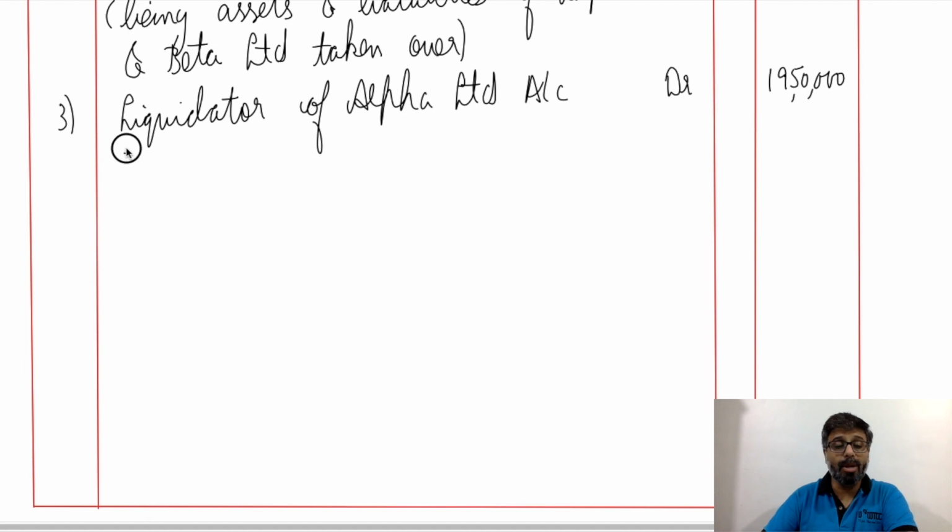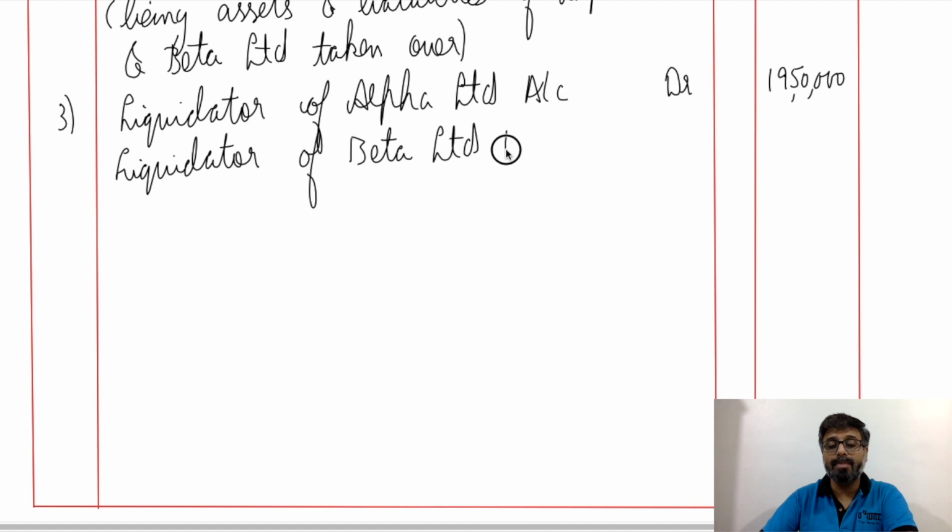Then liquidator of Beta Limited account debit with 6,80,000.